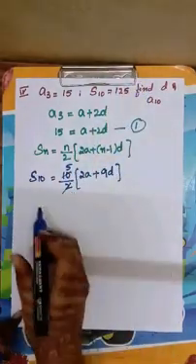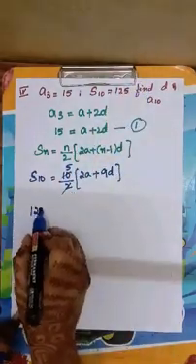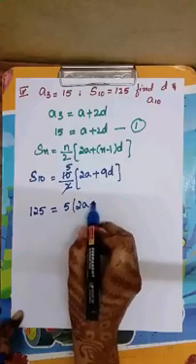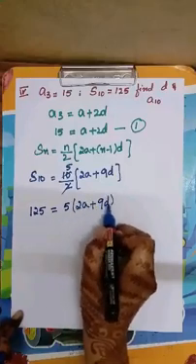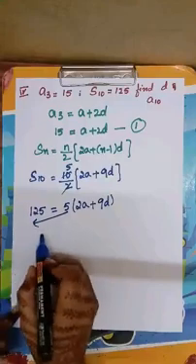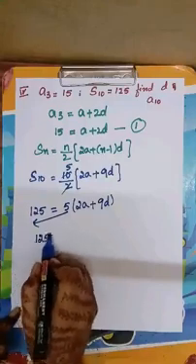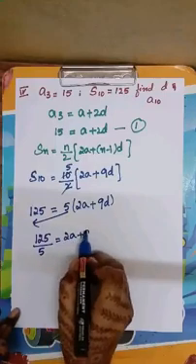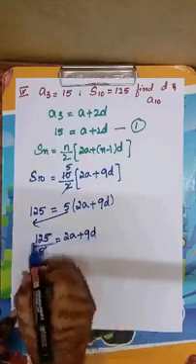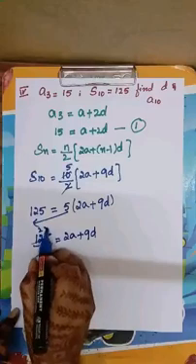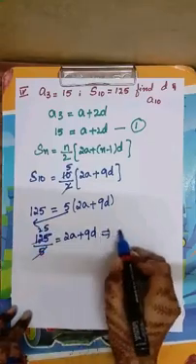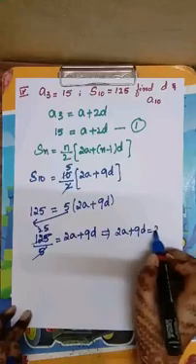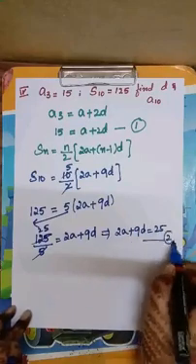S10 value is also given as 125. 125 is equal to 5 into 2a plus 9d. Multiplication comes to this side as division. 125 divided by 5 is equal to 2a plus 9d. 5 ones are 5, 5 twos are 10, 2 carry, 5 fives are 25. That implies 2a plus 9d is equal to 25. This is your equation 2.